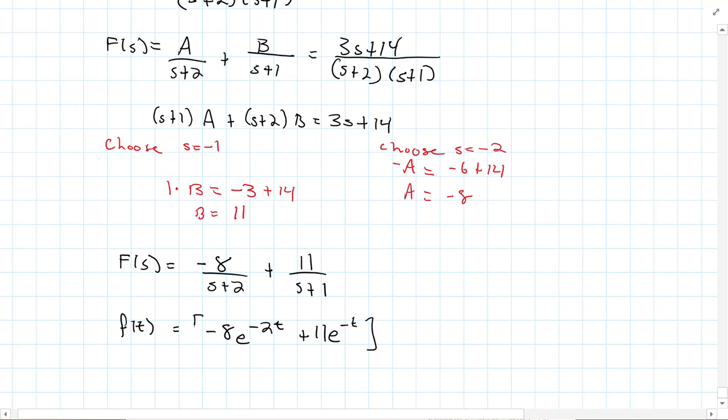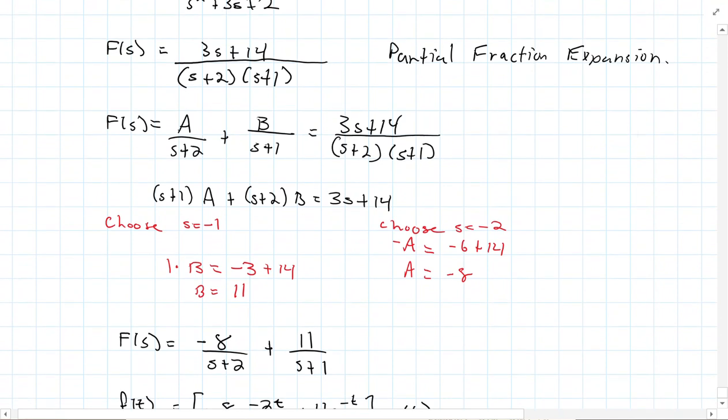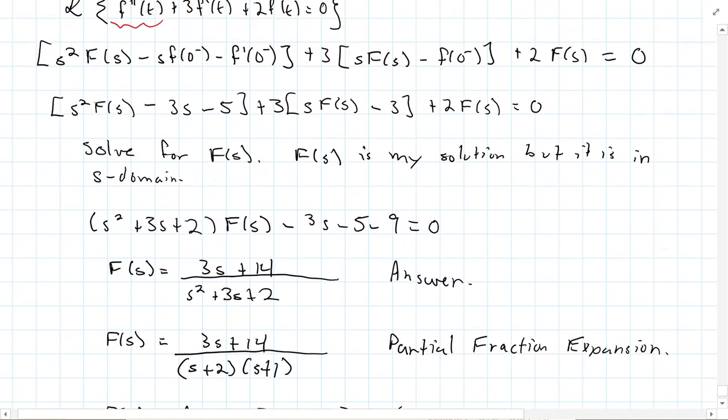And then I want us all to get in the habit of writing, even though it doesn't have it on the table, u of t at the end of this, because this is only correct for t greater than 0. So we've solved the differential equation. So this is the solution to the differential equation.